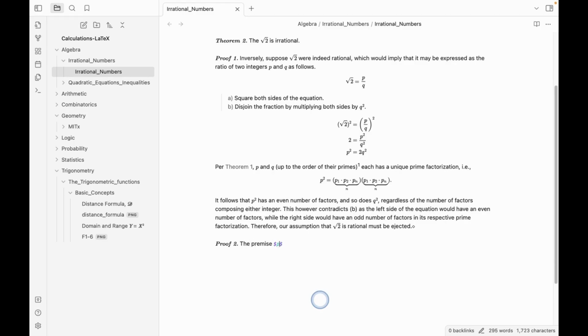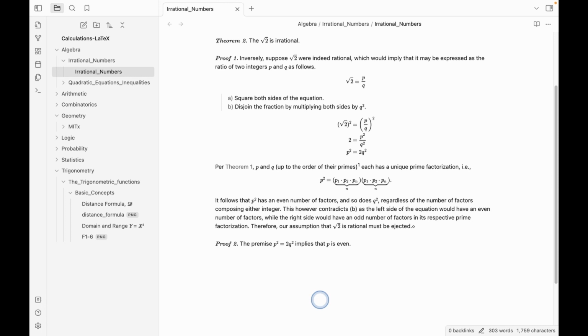All right, proof 2. So the premise p squared equals 2q squared implies that p is even. This is one of the two implicit steps that I mentioned before, and we'll take it for granted, but essentially, if a number squared is even, as implied in the premise p squared equals 2q squared, then the value p is also even, as a result of biconditionality.